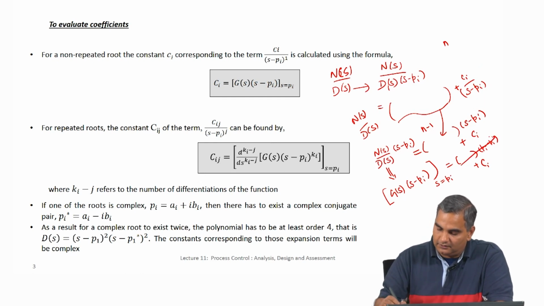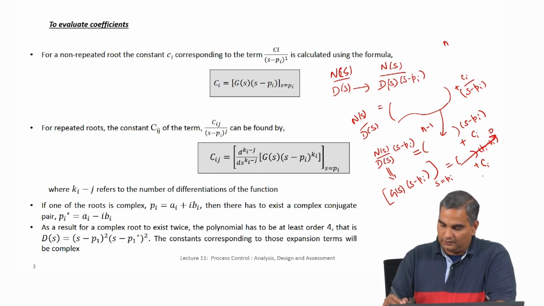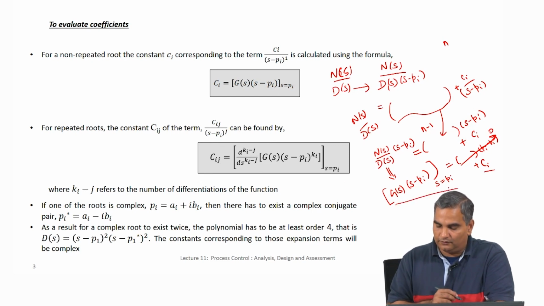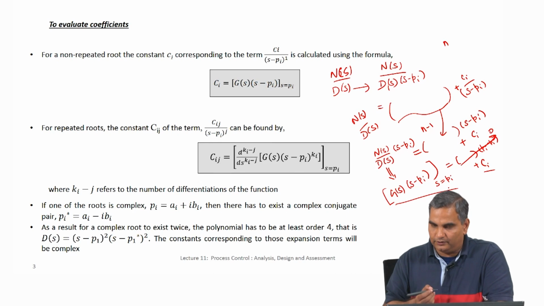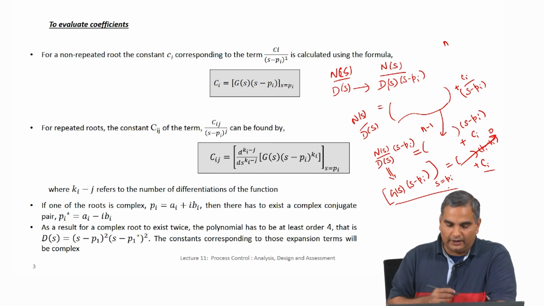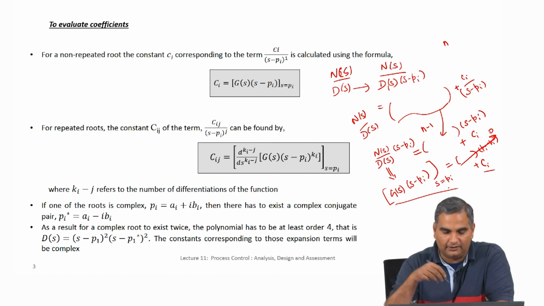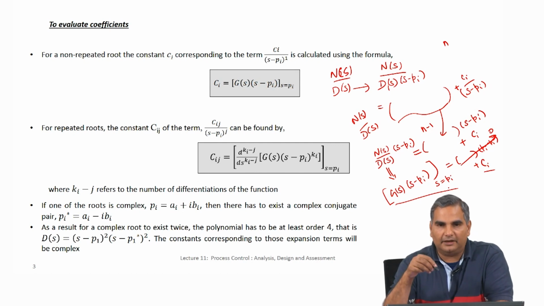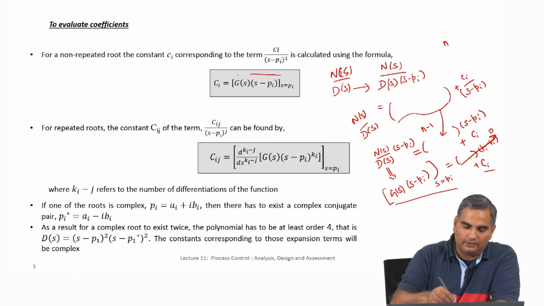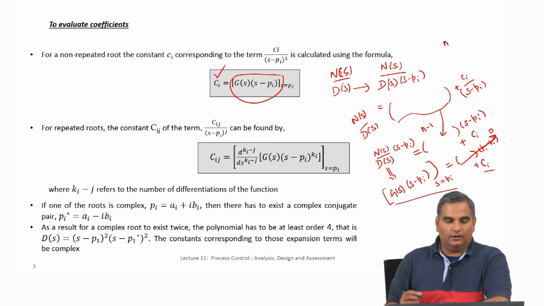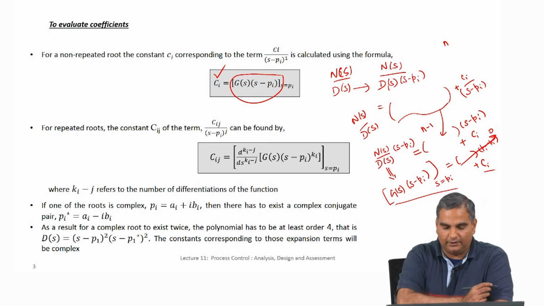Now, this term will go to 0, then you will get Ci is simply this. So, if I have a non repeated root, I do not need to do anything at all. To get the corresponding Ci for the non repeated root, I take the N(s)/D(s) or the g(s) function and I multiply that by (s minus pi) and then set s equal to pi and evaluate this, and this will give me Ci. So, this is for a non repeated root.